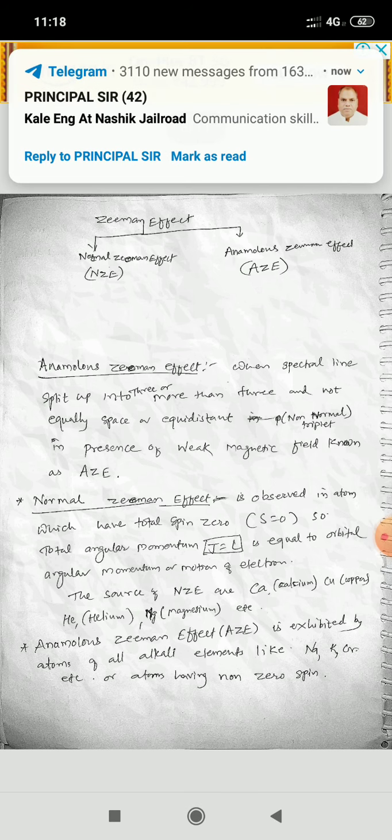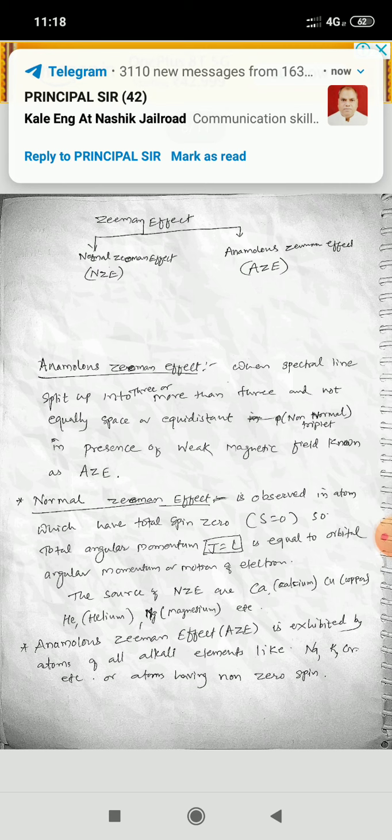And normal Zeeman effect occurs when the total spin angular momentum is zero, so it can be explained by only orbital angular momentum, or total orbital angular momentum equal to J. Sources of normal Zeeman effect are calcium, copper, helium.